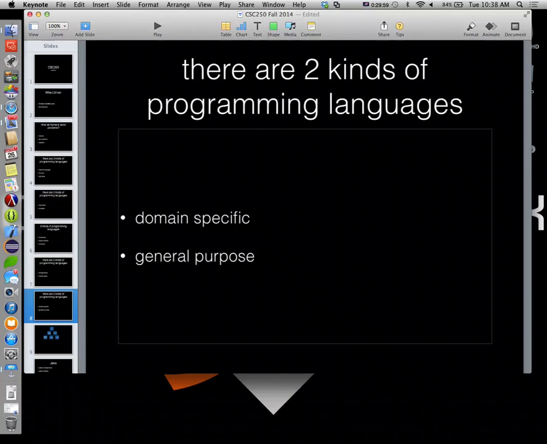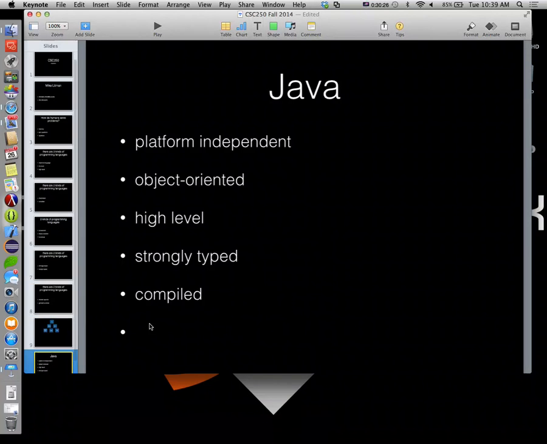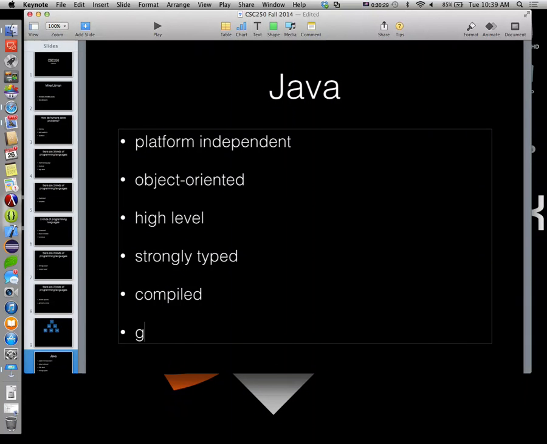It is very, very specific to the domain of making web pages look pretty. General purpose languages like Java have tools built into them that allow you to solve a wide array of general problems. So one might extrapolate that general purpose languages are typically much larger than domain specific languages. And Java is general purpose.